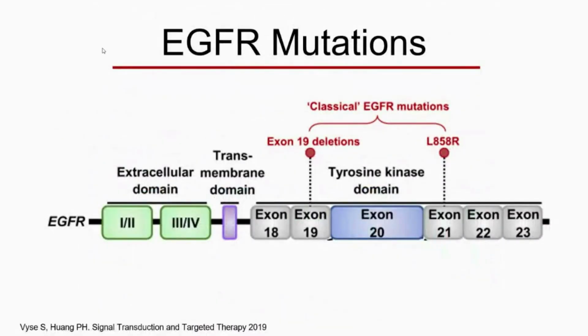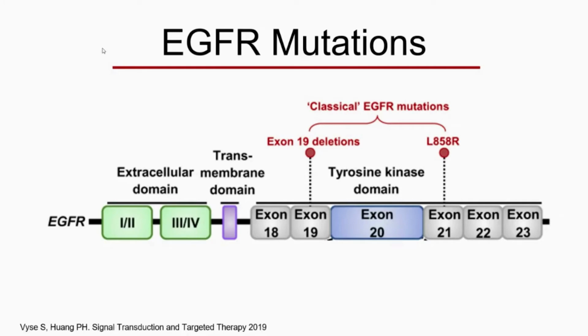Now I want to focus on exon 20. This is illustrated in blue there. And exon 20, I would say, has been a challenging target. Fortunately, I think there's a lot of reason for optimism based upon the data that we've been seeing over the last 2 years.